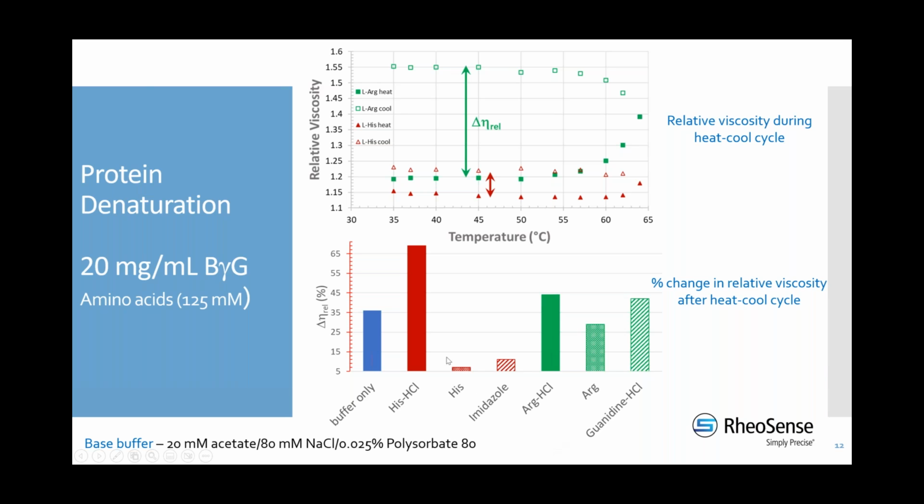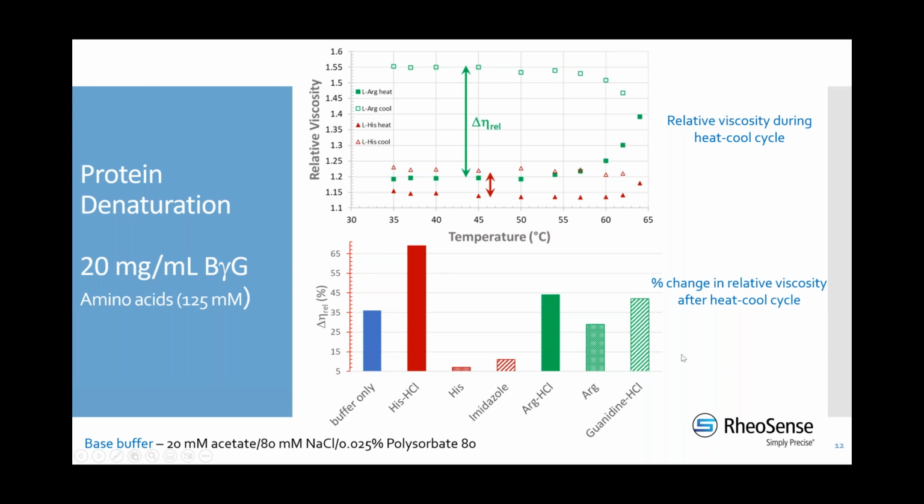Now we're seeing in some cases, or probably the majority of the cases, that the presence of these excipients, these amino acids, is actually making the situation worse. We do see some benefit here with the histidine and its functional group, the imidazole, where we see only a slight increase in viscosity after heating and cooling back down, better than the buffer alone.